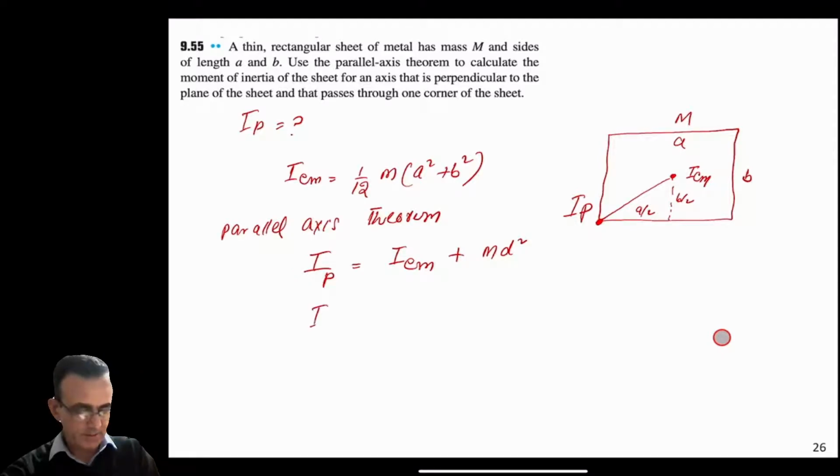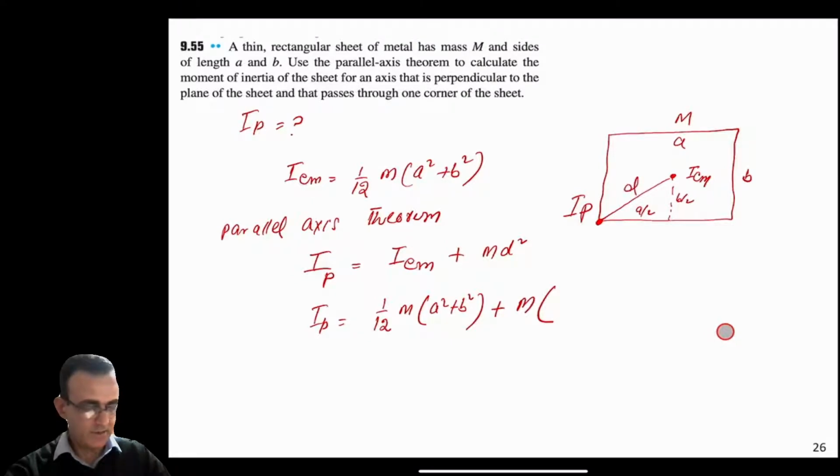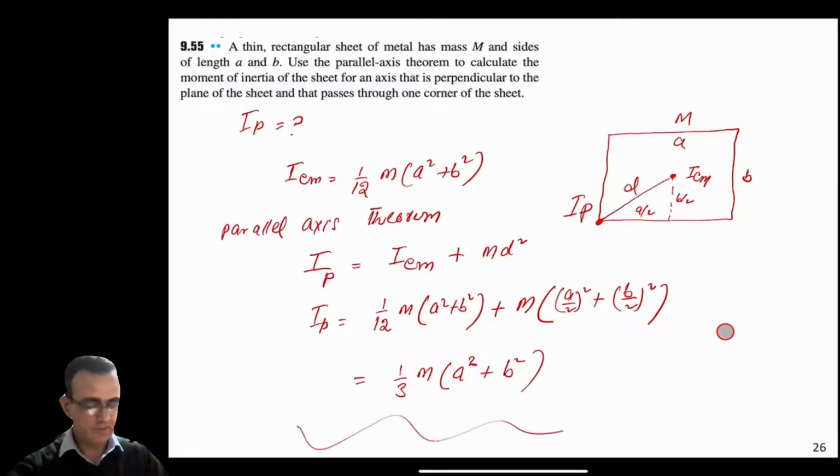So IP is equal to ICM, which is 1 over 12 m (a squared plus b squared), plus m times d squared, where d squared is (a by 2) squared plus (b by 2) squared. If you simplify this equation, it becomes 1 over 3 m (a squared plus b squared). So that's it for today.